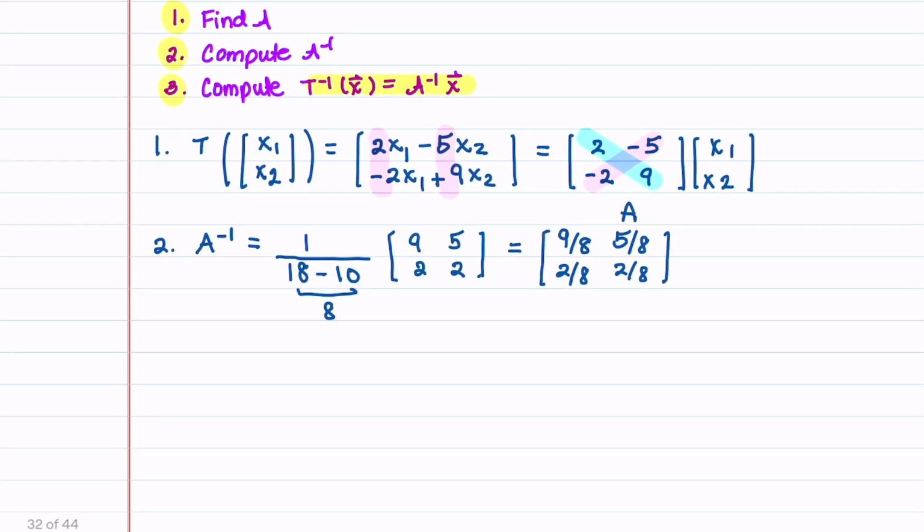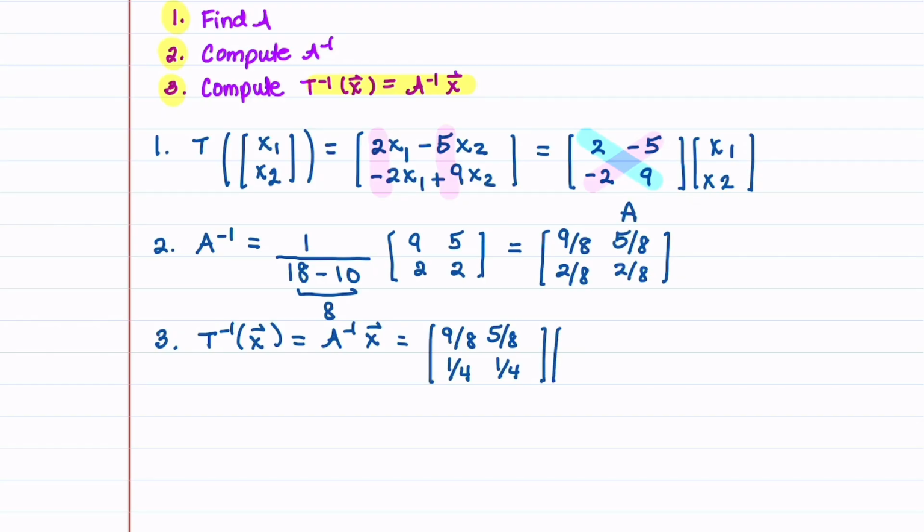Now we can go ahead and move on to our third step. So our third step says that T inverse of x is equal to A inverse times x. So let's copy down our A inverse, and now we can go ahead and reduce things. So we have a 9 over 8, a 5 over 8, and then in our second row, we'll reduce that to 1/4 and 1/4. And we're going to multiply this by x1, x2.